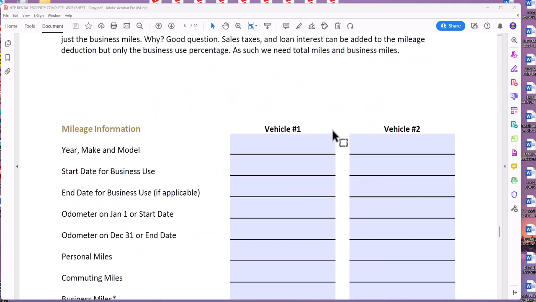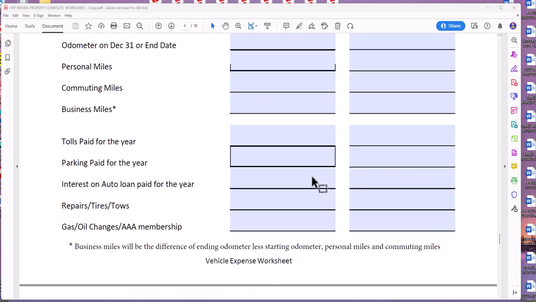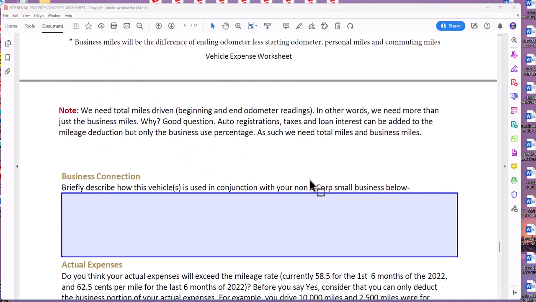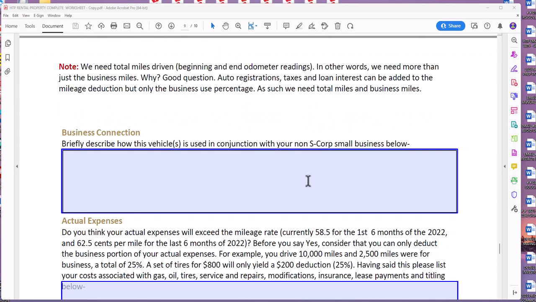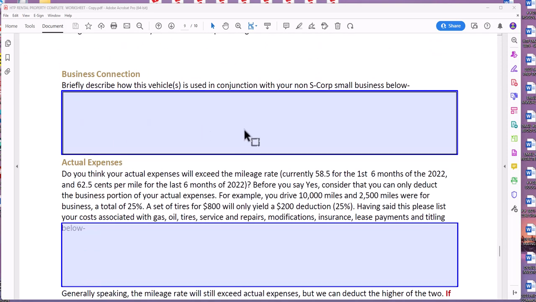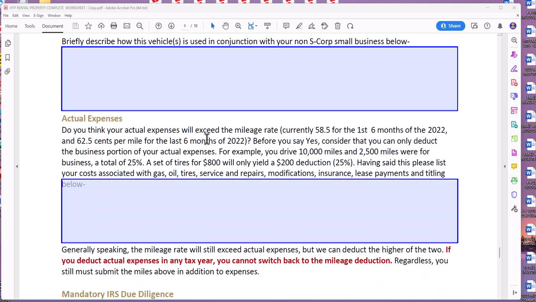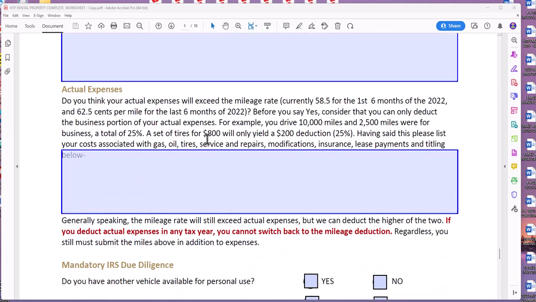So if we can take your mileage, back and forth meeting with contractors and you've kind of tracked that, then you can provide us with that information as well so that we can give you credit for the mileage that you drove. You don't have to worry about the business connection. Well, you can tell us, like I said, going back and forth to repair stores, meeting with contractors.